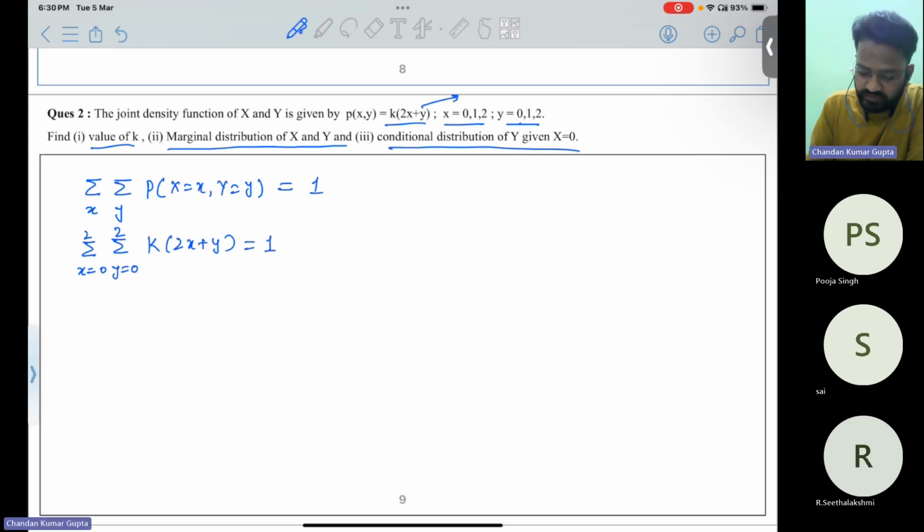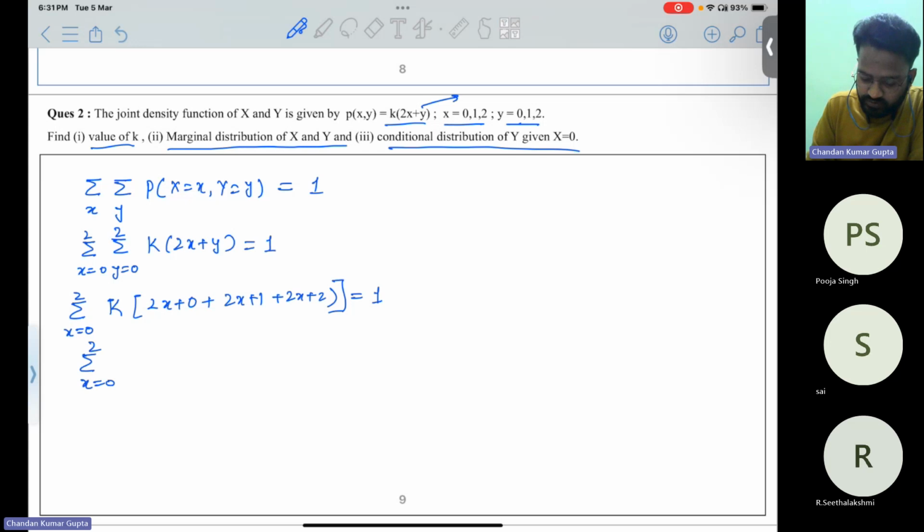Putting the values of y, it is 2x plus 0, plus 2x plus 1, plus 2x plus 2. After solving this, we get the summation over x equal to 0 to 2 of k times 6x plus 3, equal to 1.